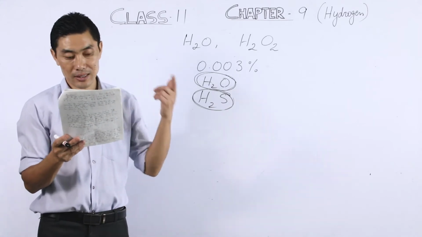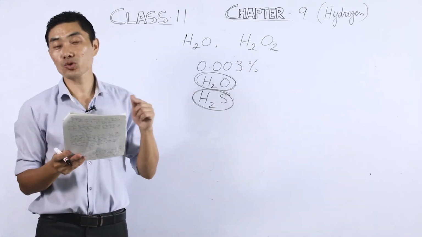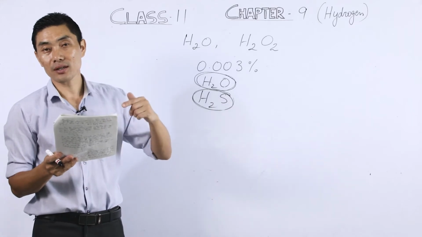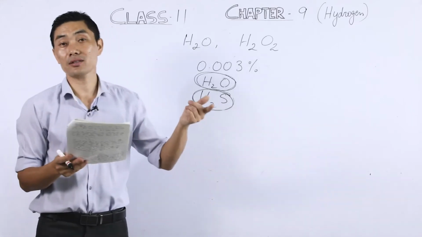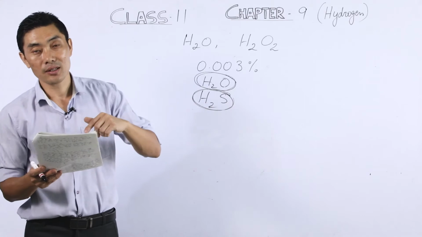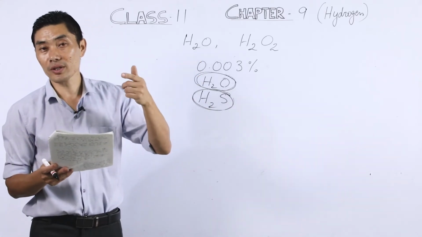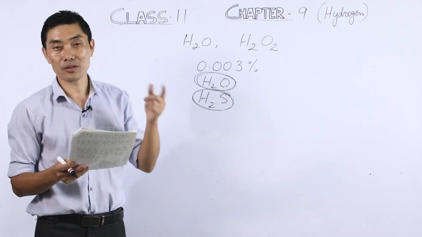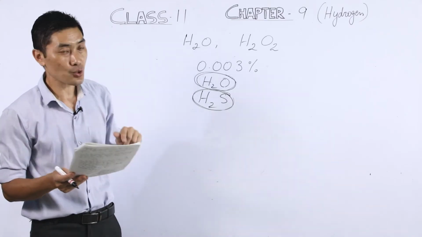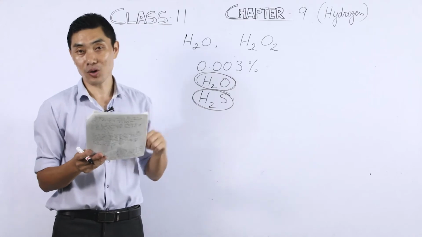We have a saying that like dissolves like. Covalent compounds are soluble in covalent solvents. Ionic compounds are soluble in ionic solvents. But water, which is an ionic solvent, can dissolve organic compounds also.